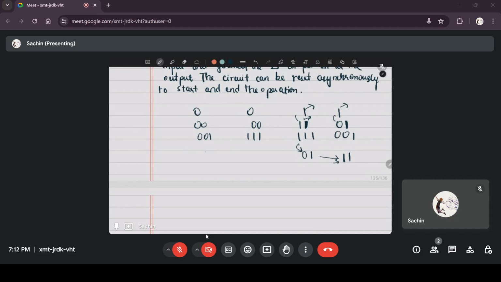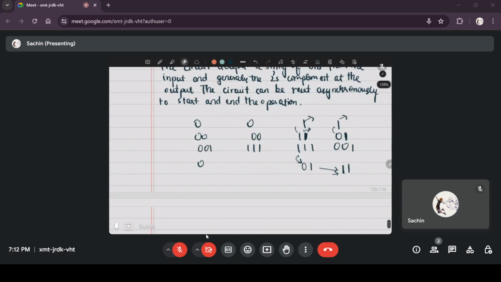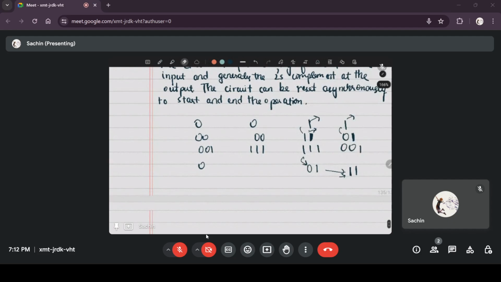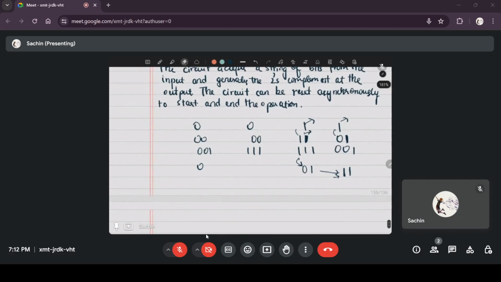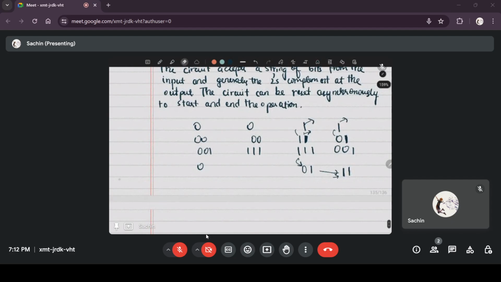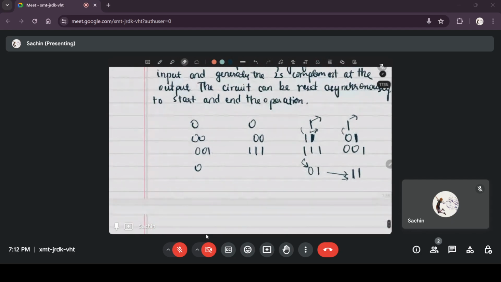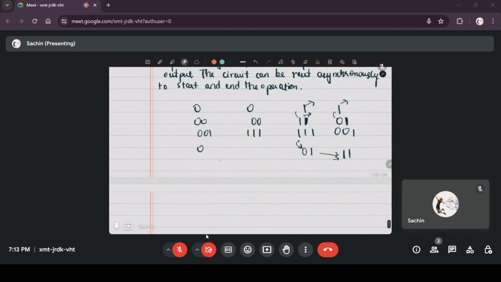Similarly, suppose you start out with 0. As long as it's 0, its 2's complement is just 0, and then the first 1 occurs, let's say at some point 1 0 0.